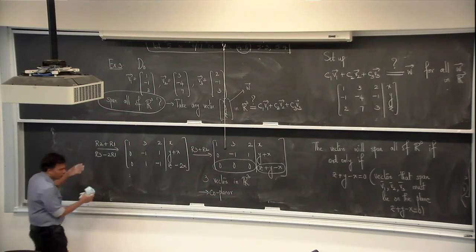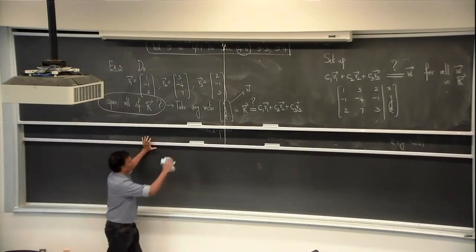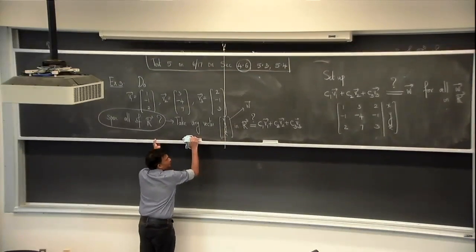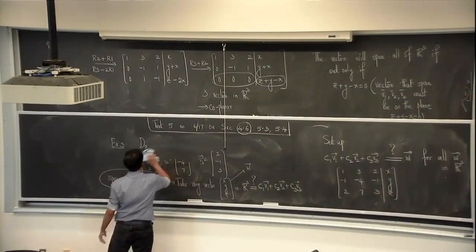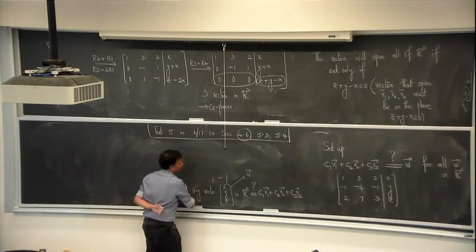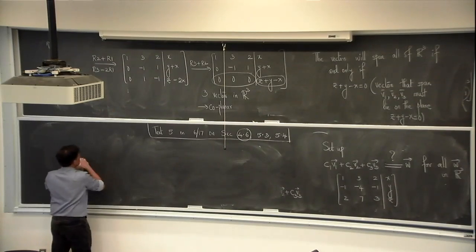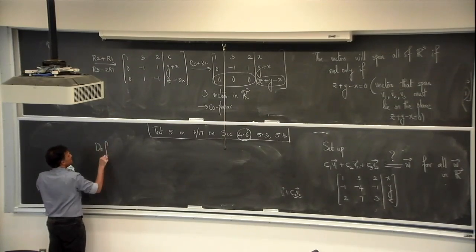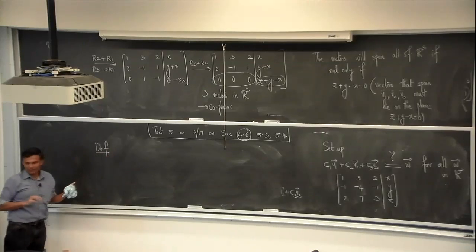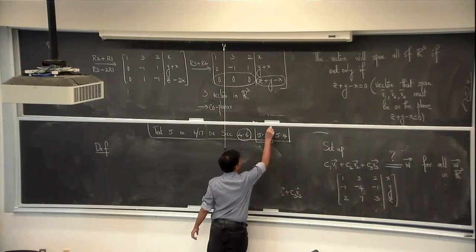One last small item in 5.3, which might be the easiest thing. Definition, still in 5.3. That's what we are completing today.